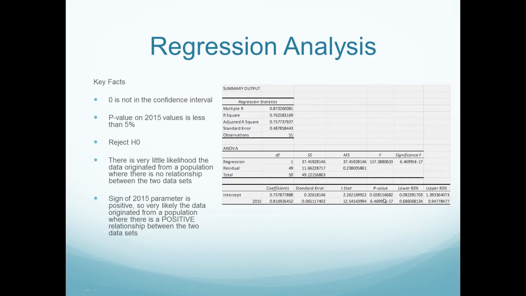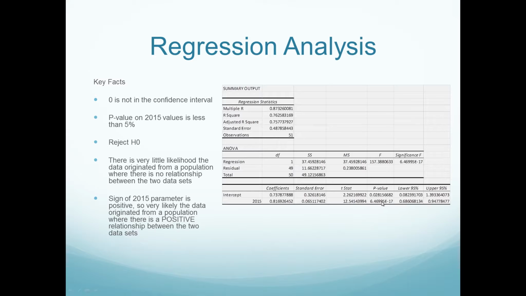And so we're going to reject the hypothesis that the intercept is zero, or excuse me, the slope is zero. And so now we'll go look at the coefficient and say, well, if it's not zero, what is it? And we would say that it's positive because we see that there's a positive coefficient here. And so we know we have a positive. We're comfortable guessing that it is at 0.81.